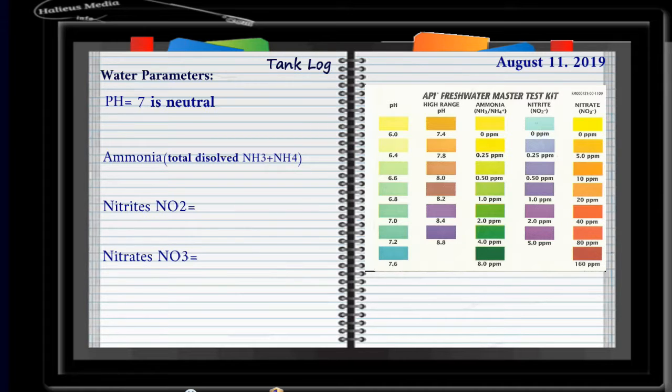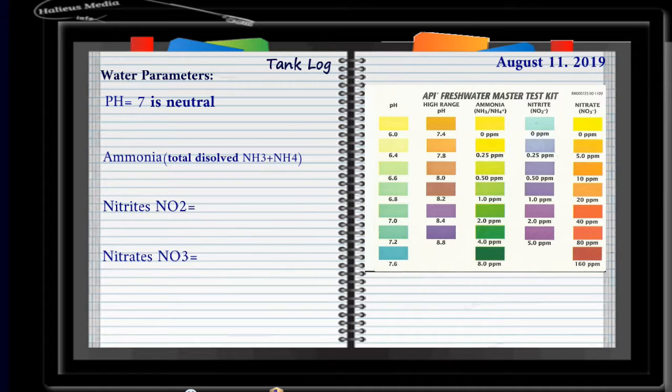Now, the column that starts with the blue square, the second from the right, and goes down to purple, is your nitrites, or NO2. That is the chemical that's created when ammonia is being converted by bacteria in the nitrogen cycle. And then finally, on the far right, we have the nitrate column.